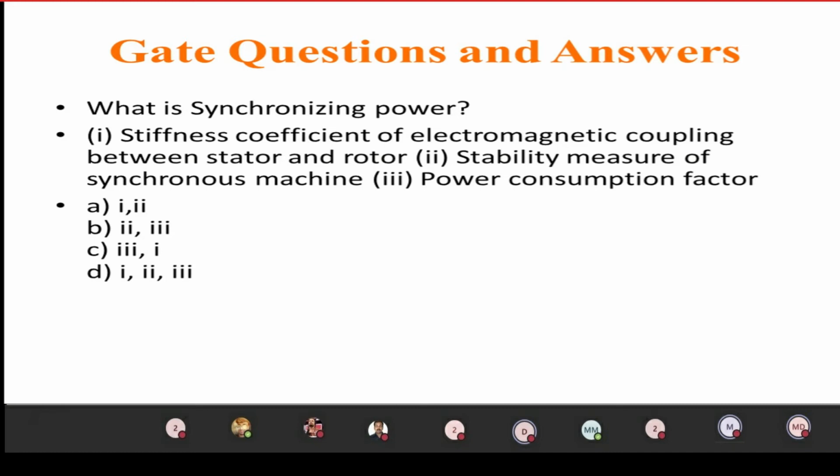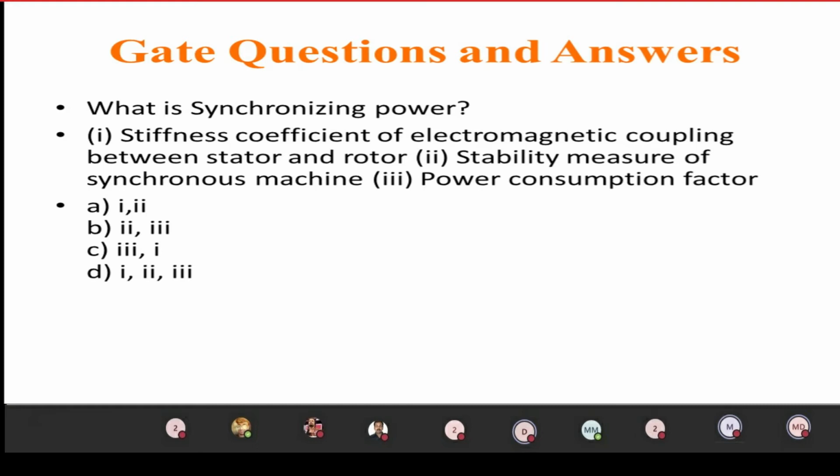Stiffness coefficient of electromagnetic coupling between stator and rotor. Stability measure of synchronous machine. Power consumption factor. So here we have three different categories. Which one is correct?